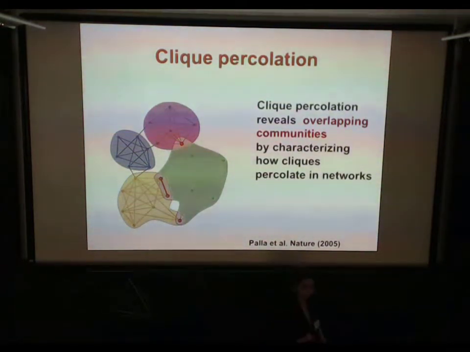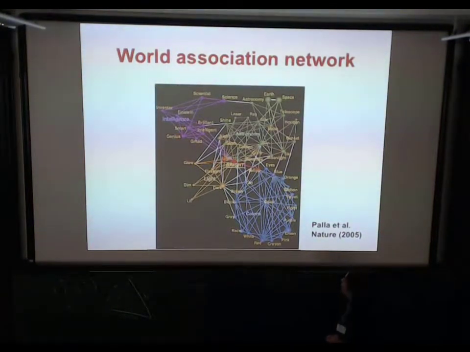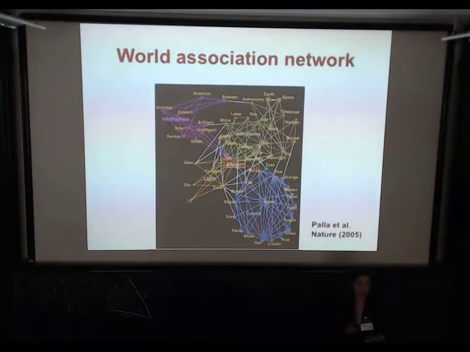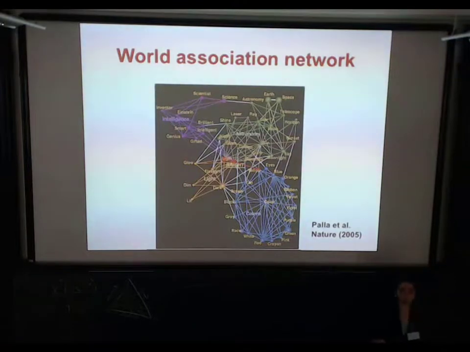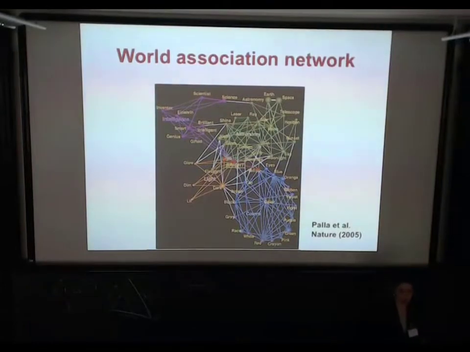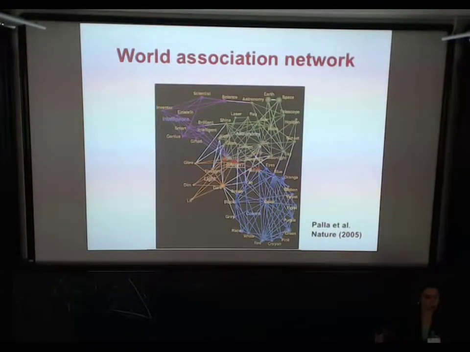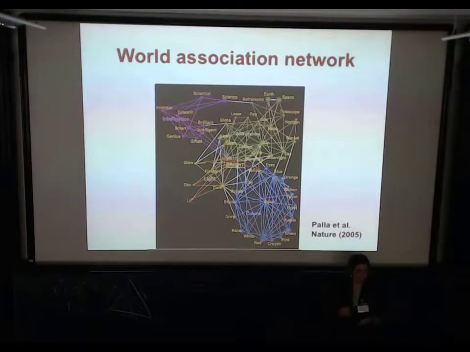And I want to show you a very nice example that I have in this paper. This is a very nice data set of word association. So these are people that in an experiment have been given some words and had to write words that they thought were closely related. Okay? So it's a psychological test of how people conceive distance between words.